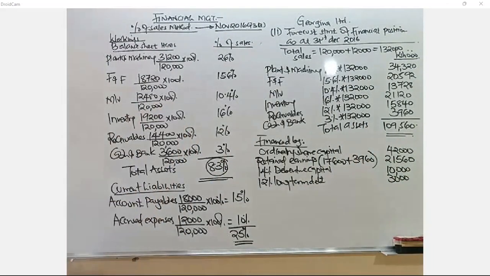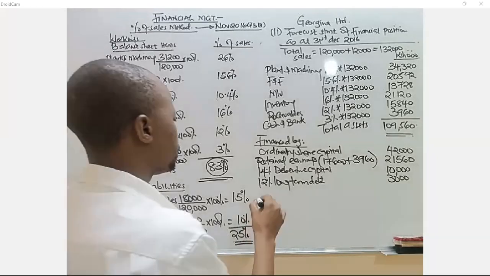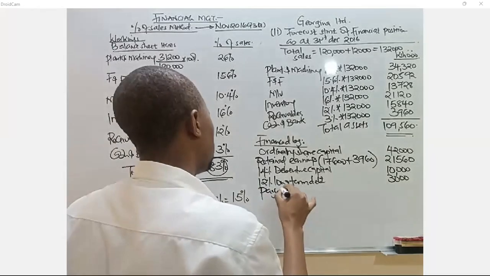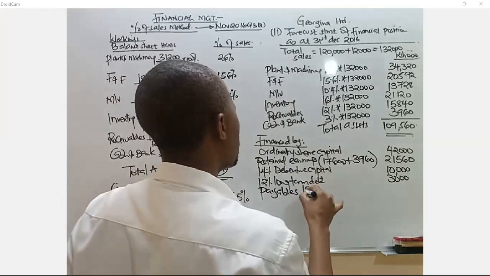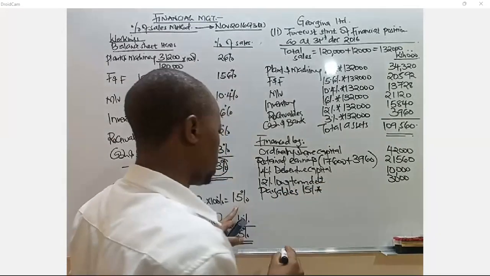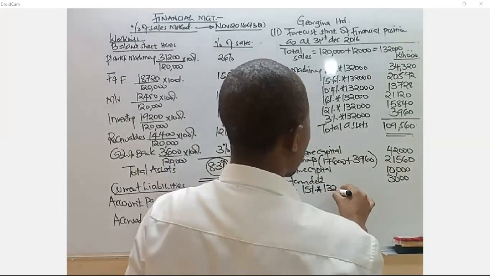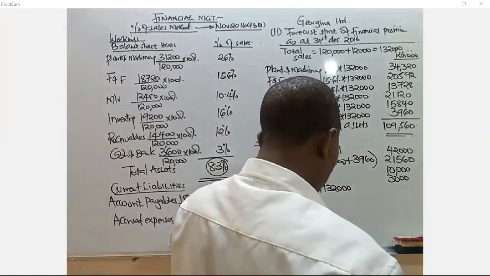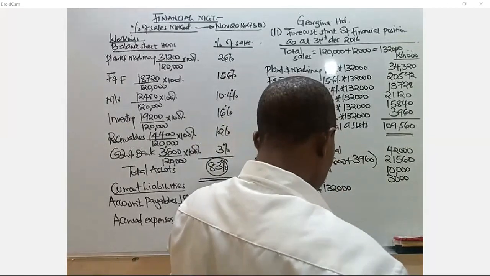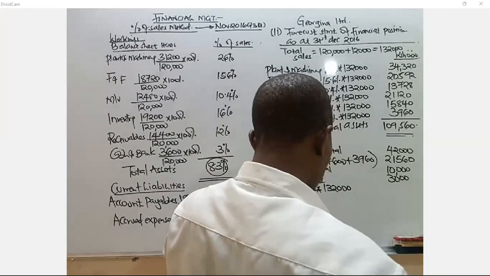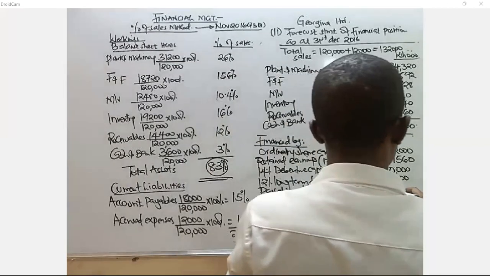You remember that is what we have gotten in our first computation. Now, the next one will be our payables. Our payables will be how much? I will take 15% times 132,000. That is the only way you can determine that. 0.15 times 132,000, getting 19,800.